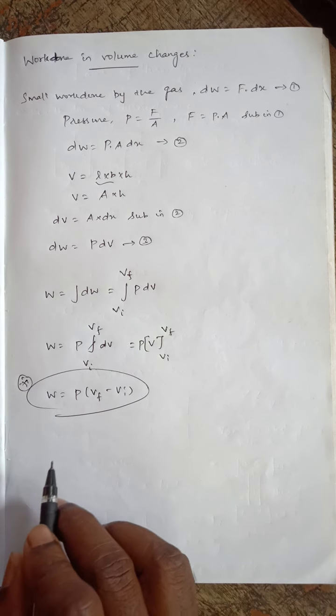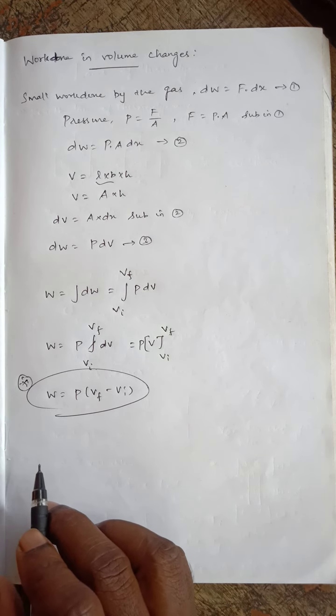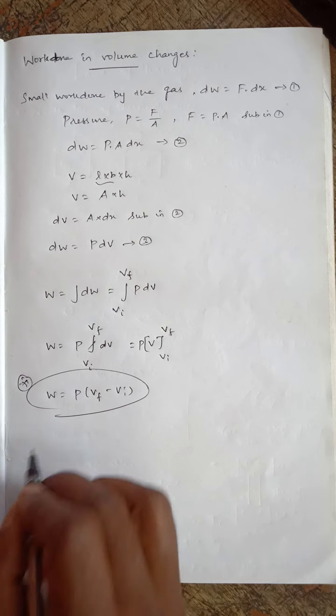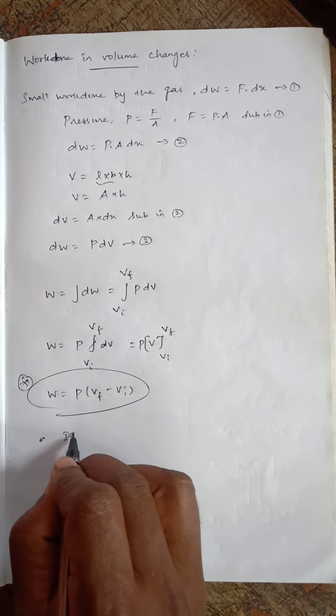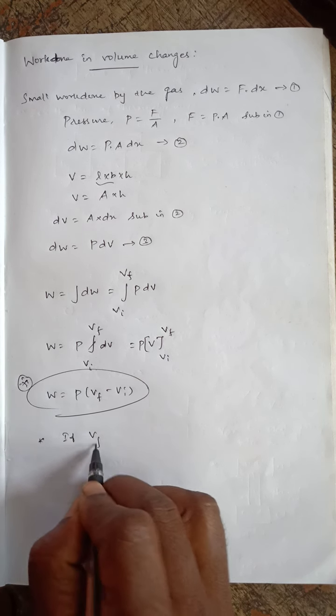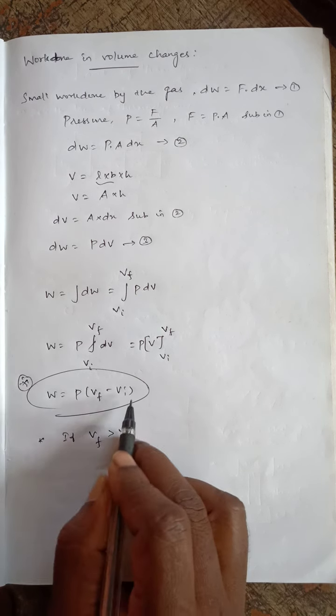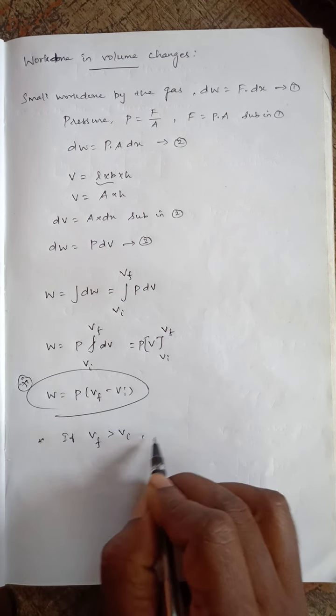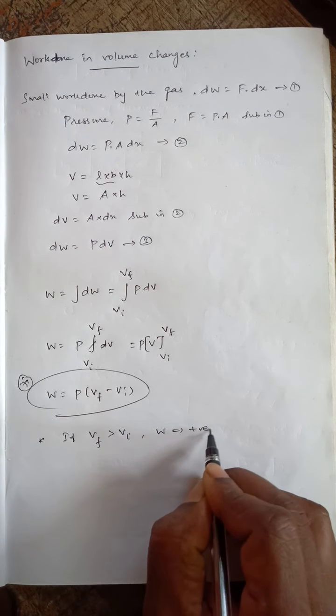Using this we can know whether the work done will be positive or negative. First case: if the final volume of the system is greater than the initial volume, so Vf is greater than Vi, then the work done will be positive.